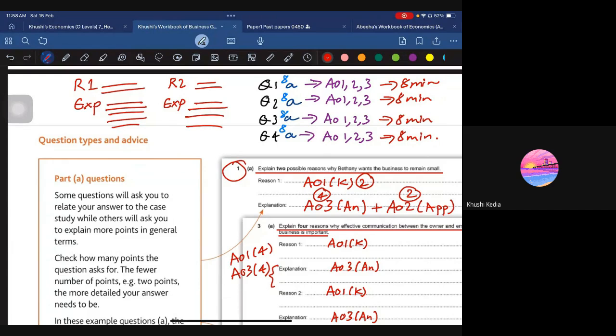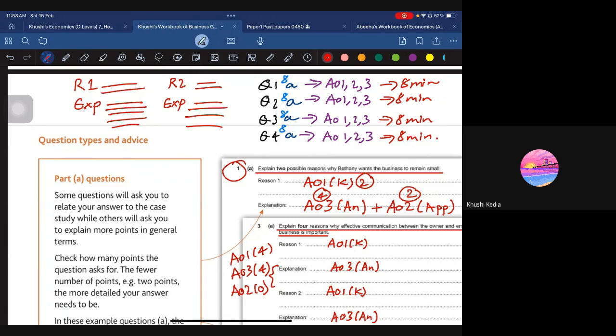That explanation is basically the impact, but it is a very short explanation that you have to provide, right? So not a big developed chain, and there are basically no marks for the application here.